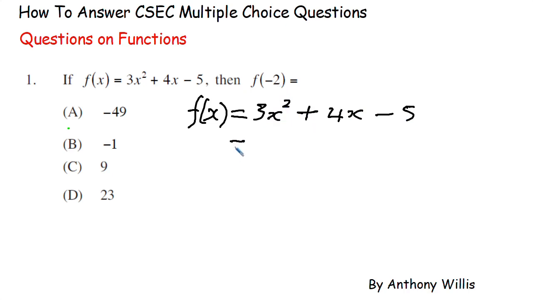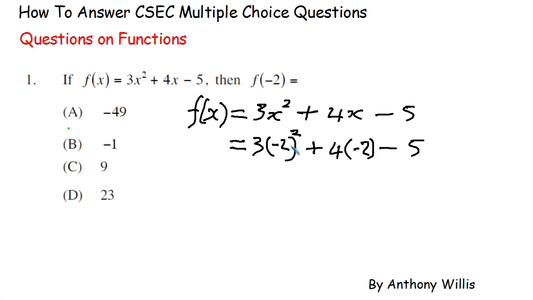So that will be equal to 3 times minus 2 squared, don't forget that, plus 4 times minus 2, minus 5.